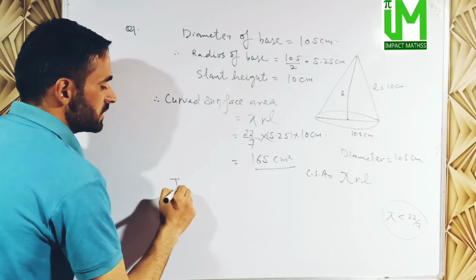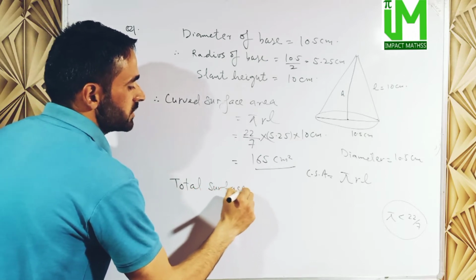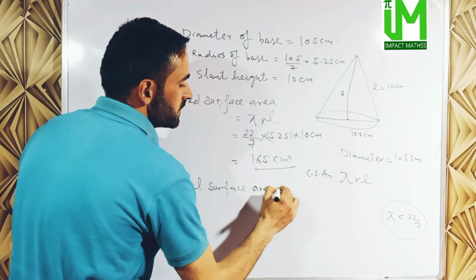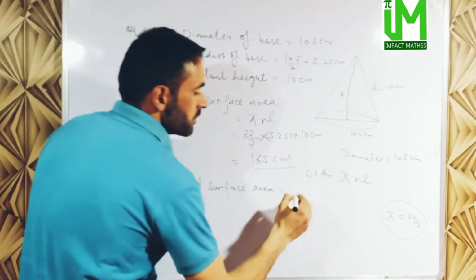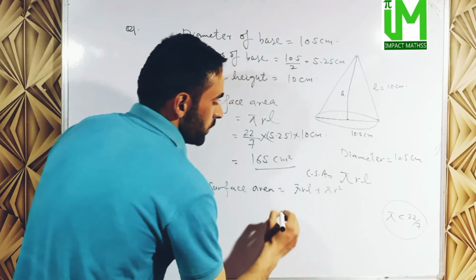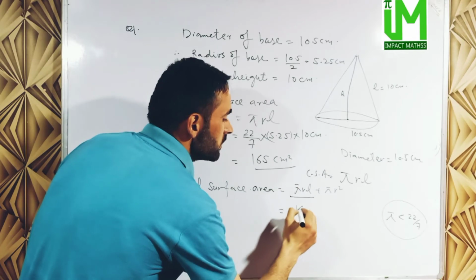Now after that, total surface area. Total surface area will be curved surface area plus area of base. So it will be pi r l plus pi r square. Pi r l we have already calculated, so there is no need to calculate it again.